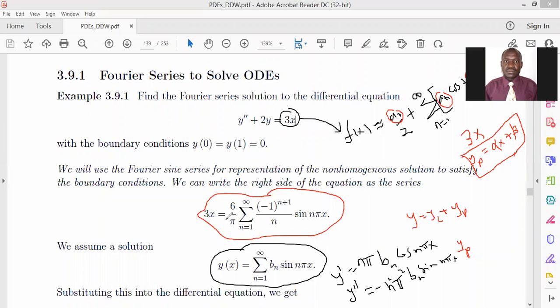But we are saying 3x is approximated to be 6 over pi summation of that term, implying whatever you are going to substitute in here that will be simplified to give the 3x, which is represented as 6 over pi sum, will be of this form here. I am talking to Kisaki Christopher. So it shouldn't be why the sign. Why the sign is all painted in black and white here. So why the sign? It is the explanation I have just given, Kisaki.